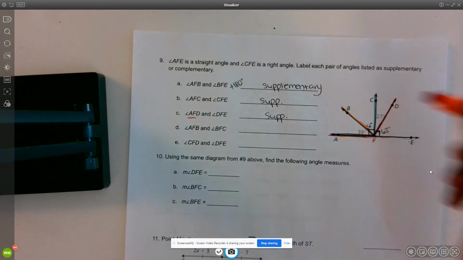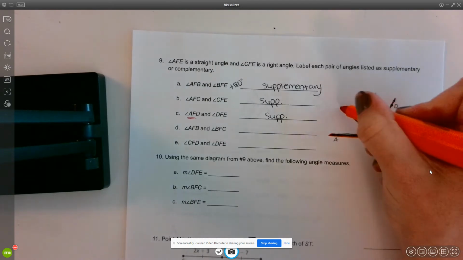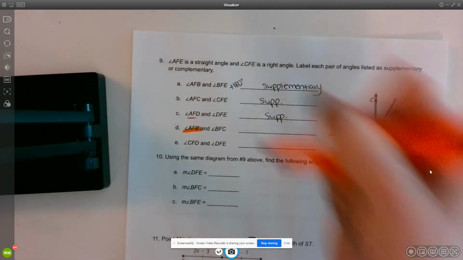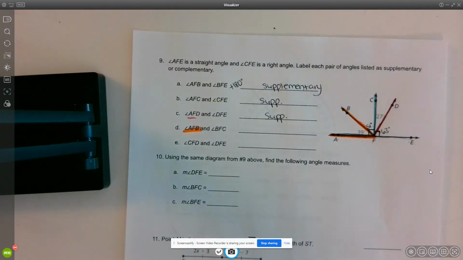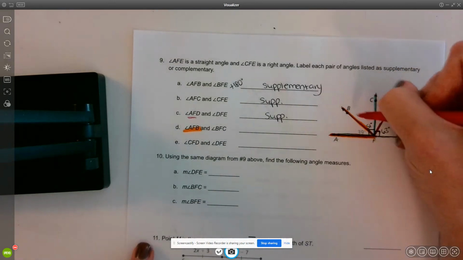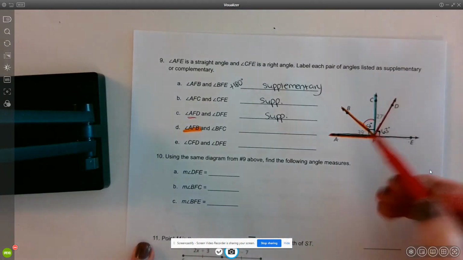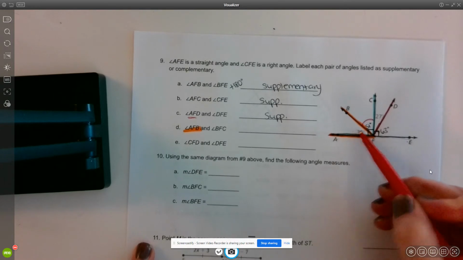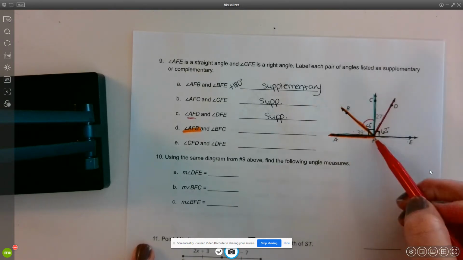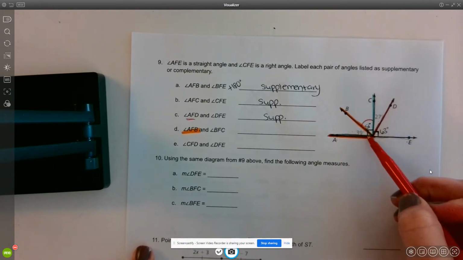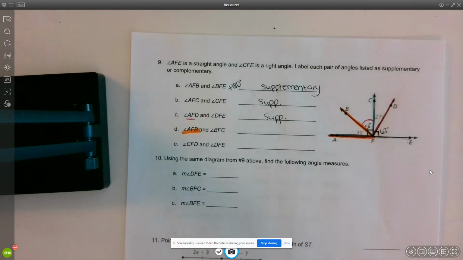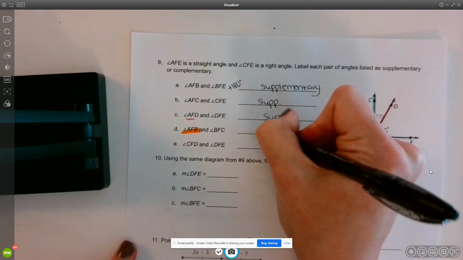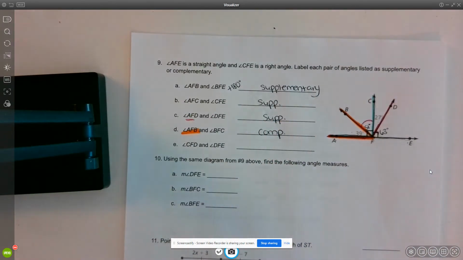Angle AFB, I've already highlighted that one in orange. So angle AFB and angle BFC, this one here. These two, I can see make a right angle. They make up this 90 degree angle. And so when they add to 90 degrees, that means they are complementary.